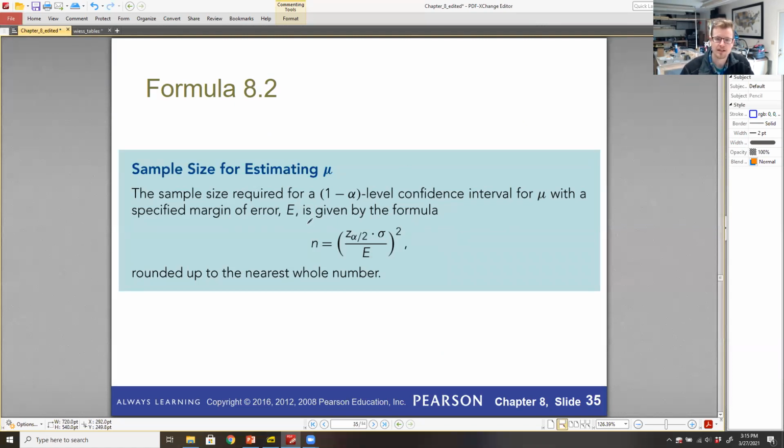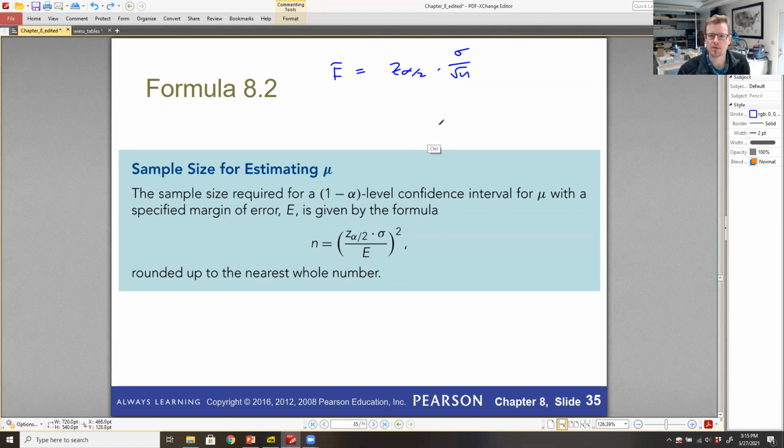Now we said that the error is given in terms of the z-value and in terms of the sample size. So I can solve for sample size in this, right? Divide both sides by the z-value, error divided by z sub alpha over 2 is equal to, oh, actually, you know what?